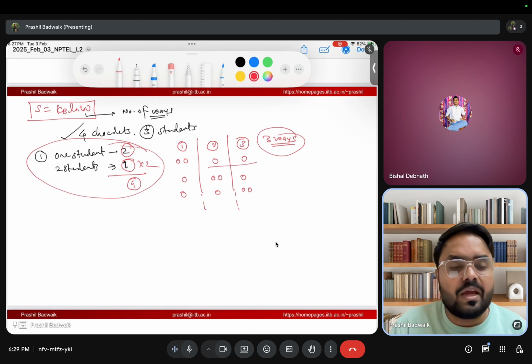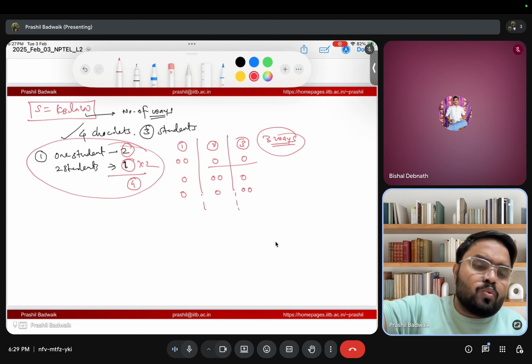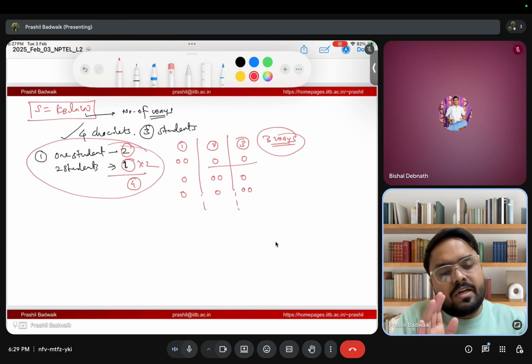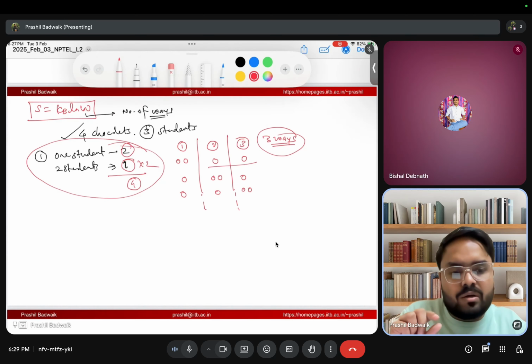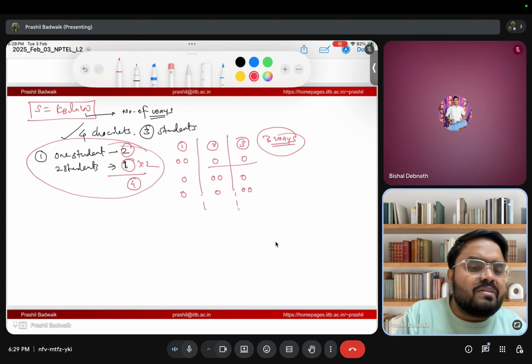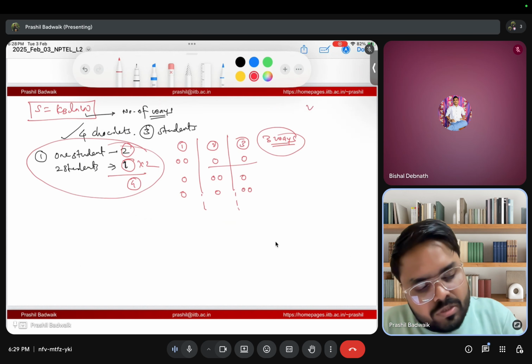We will say 100 chocolates will be given to one student and the rest will not get anything, or 99 and one, and so on. Drawing this will be very difficult, and that's why we came to know the relation that W is equal to N factorial divided by n0 factorial, n1 factorial, and so on.